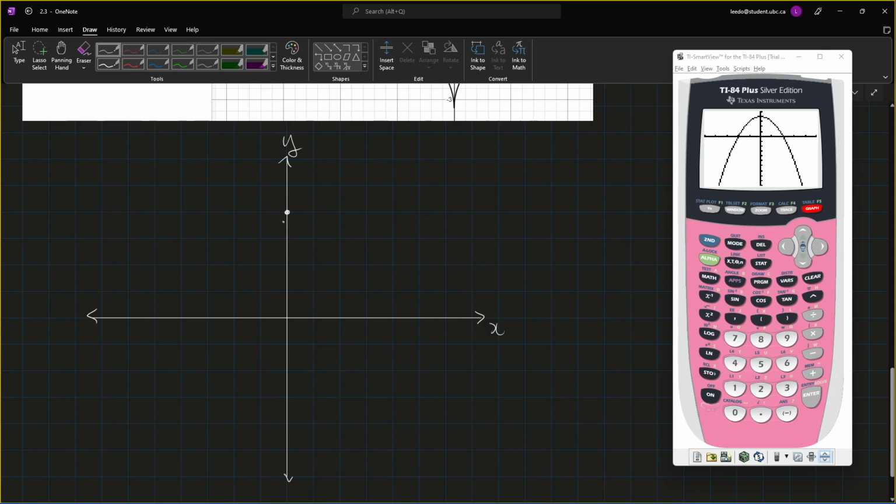So 0, 4, and the next point will be 1, 3, and 2, 0, and then 3 and negative 5. On the other side as well. Let's put some points down here.